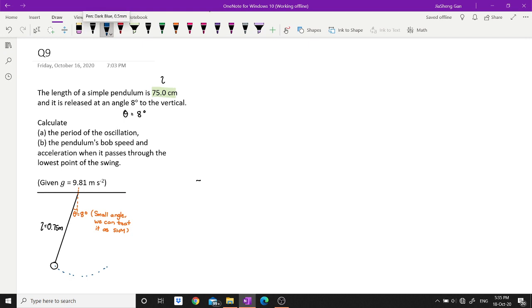The equilibrium position is here, down at the bottom. We can think of x, the displacement, as this curved distance here. So x is not a straight line distance right now, it's curving along the path of the simple pendulum.